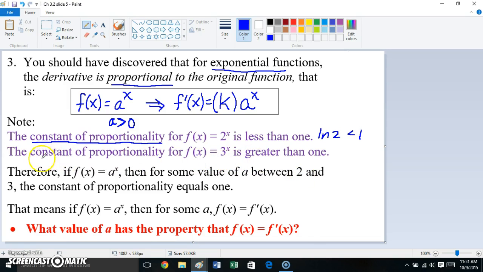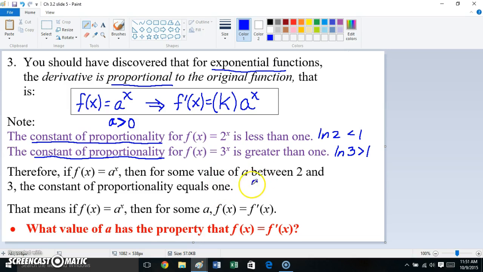And the constant of proportionality for f of x equals 3 to the x was the natural log of 3, which was greater than 1. So there must be some a value that lies between 2 and 3, such that the constant of proportionality must equal 1.